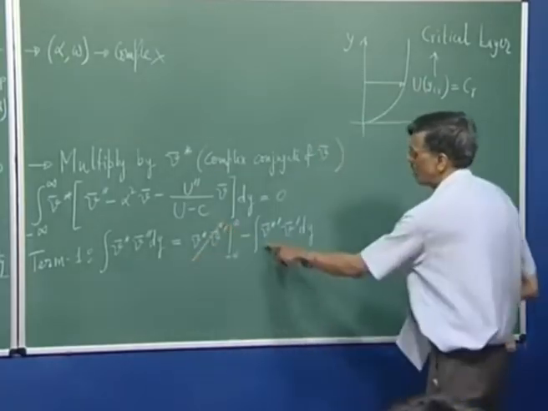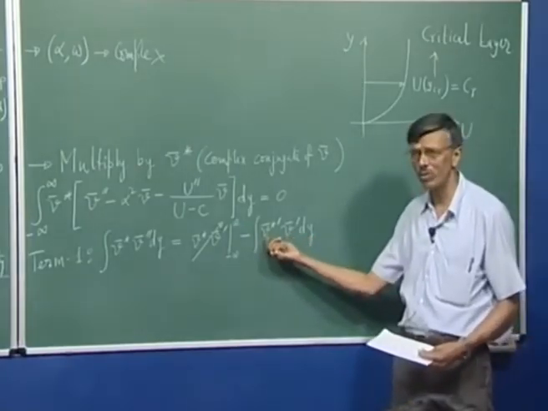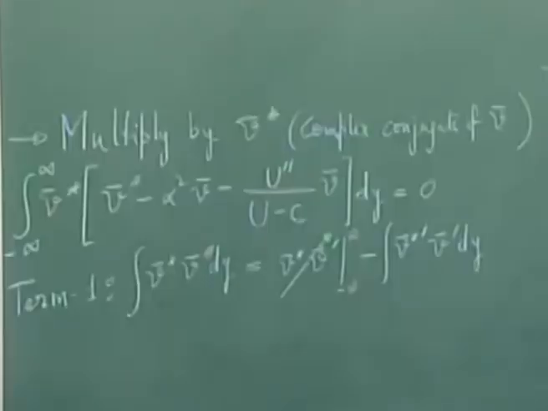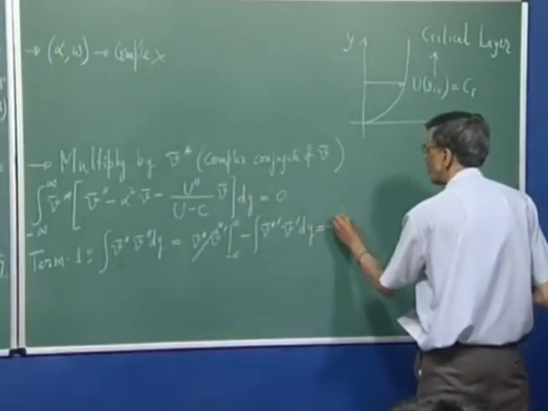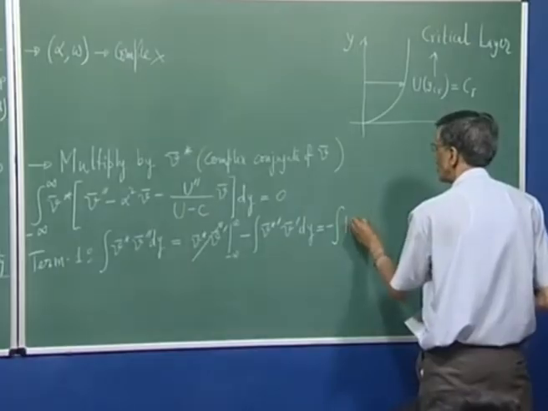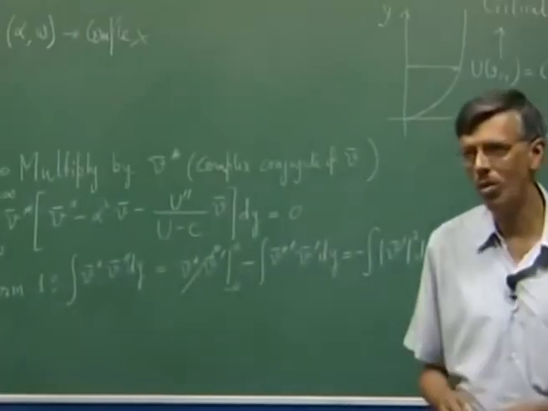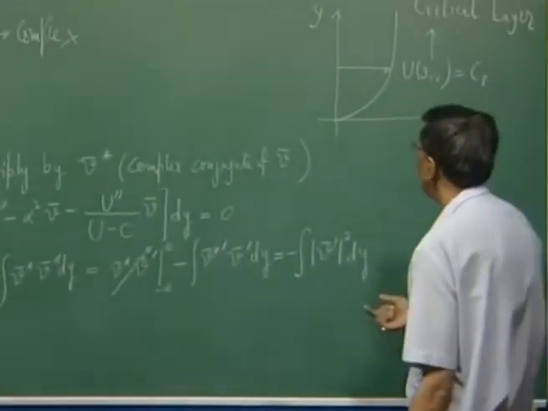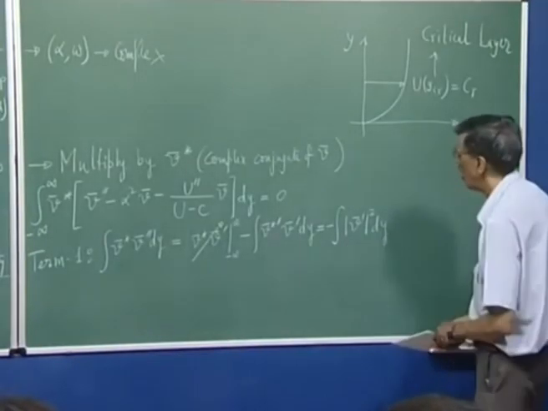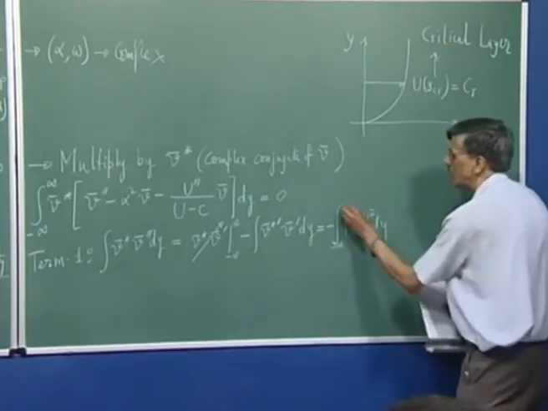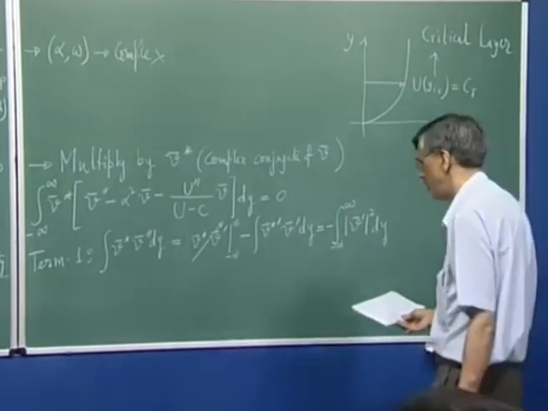Okay. And what about this? It is an interesting quantity. This is a quantity times its complex conjugate. So, what do you get? That will be the mod of v bar prime squared. So, this then becomes minus the integral of that. One interesting thing is whatever may be the value of the disturbance, this is essentially a negative quantity, right. All of you would agree with me that this indeed is negative. So, the first term gives us this kind of simplification.